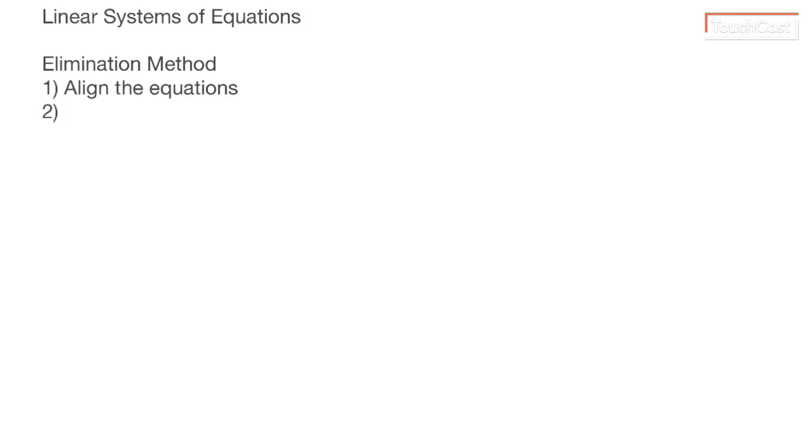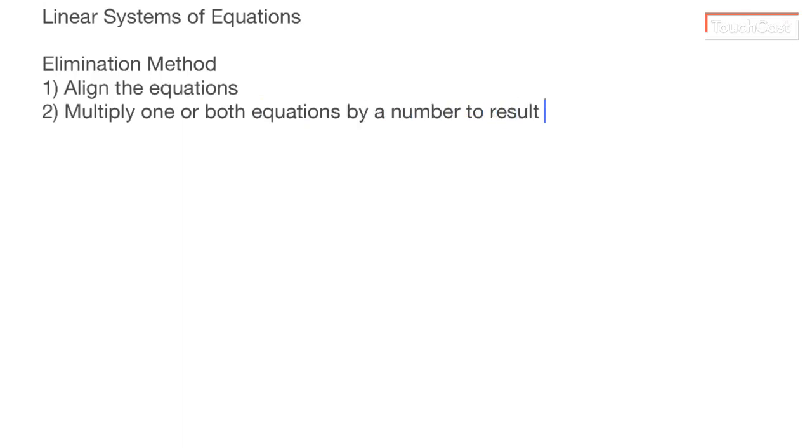Once we've aligned the equations, this next step is sometimes optional, we can multiply one or both equations by a number to result in a variable with the same coefficients.